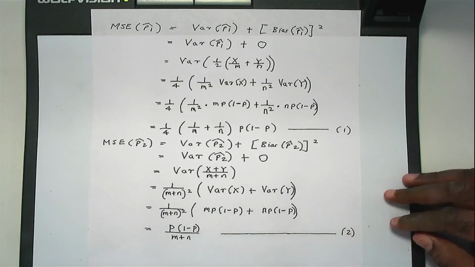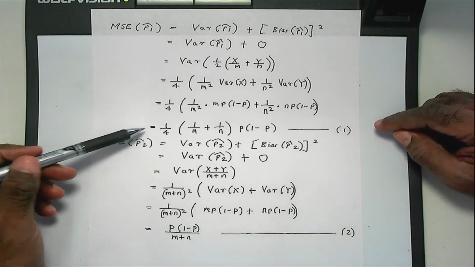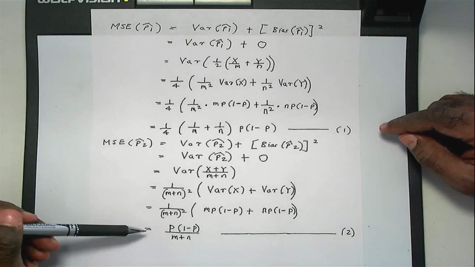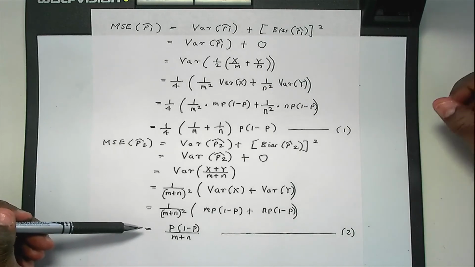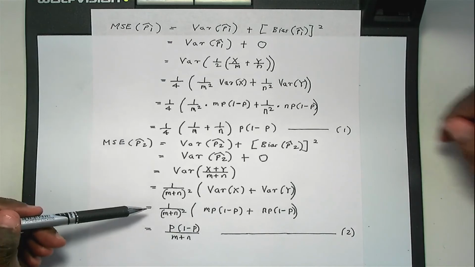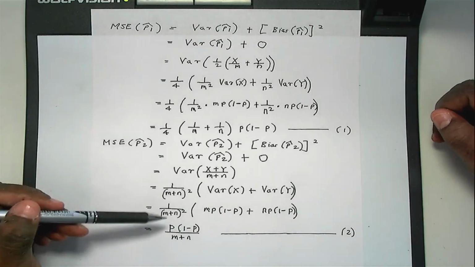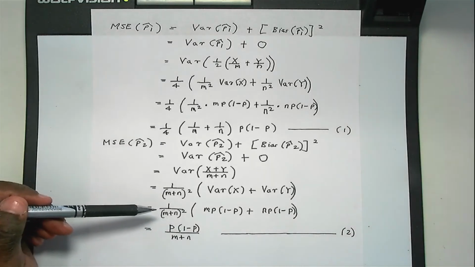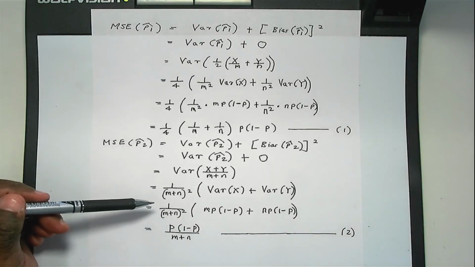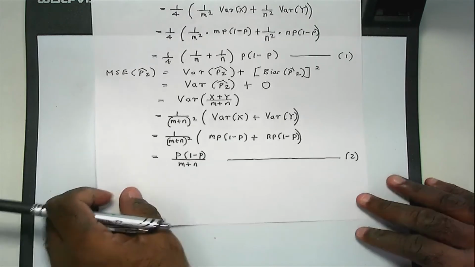Now, so this is the MSE for the first estimator, this is the MSE for the second estimator. Remember that the estimator that has a smaller MSE is the better one. So you need to decide between these two, which one is smaller, right? So the question is, which one is smaller? So I'm going to answer that in a sec.